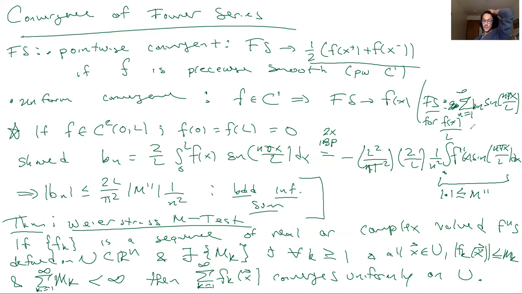Okay. Now, one last form of convergence before we move on to other things. If f is an L2 function, what's L2? It just means that I can take the L2 integral of f of x, okay?